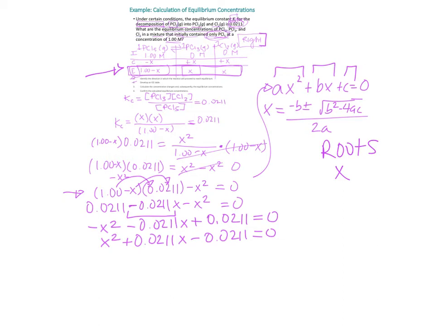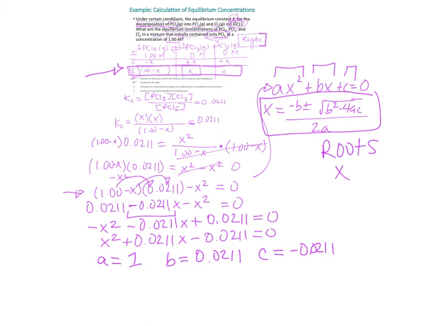So that's why we have to do all of this. So A in this case equals 1. B in this case equals 0.0211. And then C equals negative 0.0211. So we have all of these, and we can plug them in to the quadratic formula.